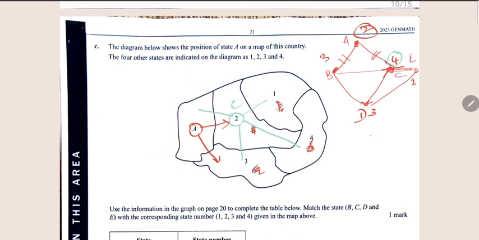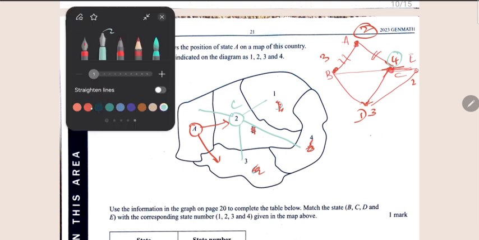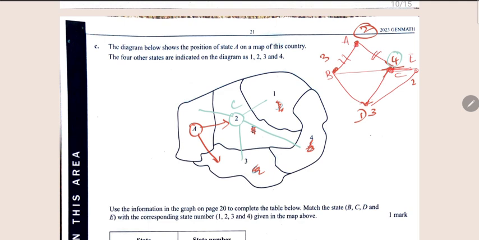Okay. Now let me choose another color. Let's look at 3. Now 3 makes connections 1, 2 and 3. Now 3 could either be B or D, so we leave that alone for the time being.